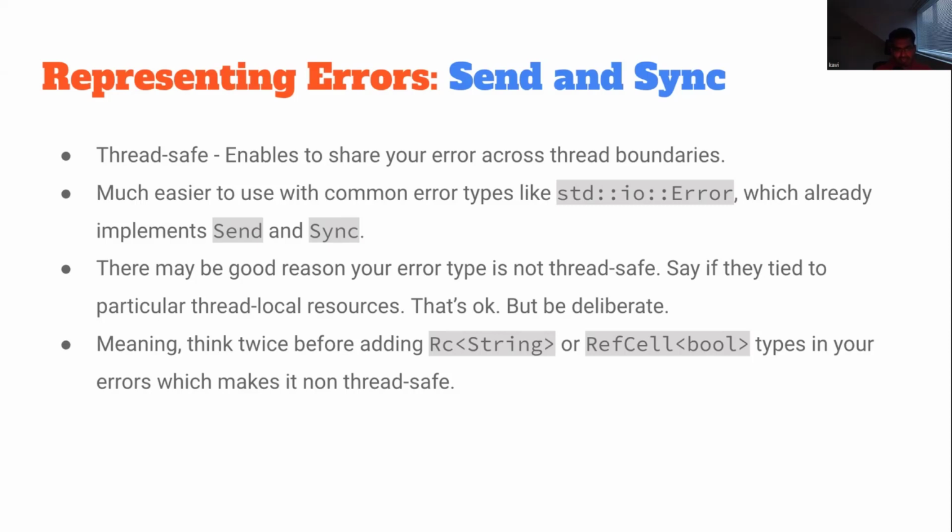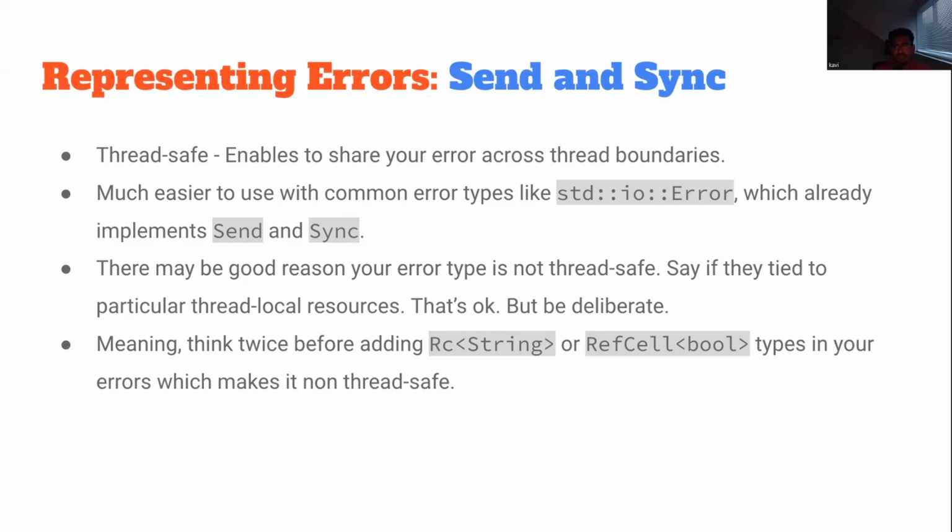Having said that, it's completely possible your error is not thread safe, which is completely fine, but it should be deliberate. Whenever it's possible you should implement Send and Sync, so you have to be a bit careful before adding Rc or RefCell types into your error type, because these types by default make your error non-thread safe, right?